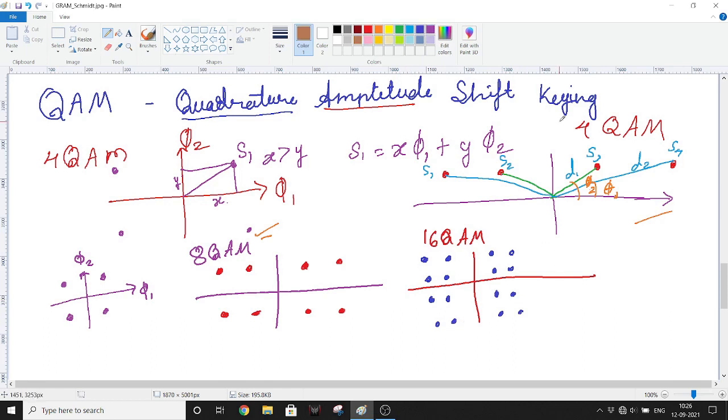And for today's example, the last one which I would like to draw is 32 QAM. That is 2 raised to 5, I suppose. Yeah, it is 2 raised to 5. This is 2 raised to 2, 2 raised to 3, 2 raised to 4, and 2 raised to 5. So how can this be represented?